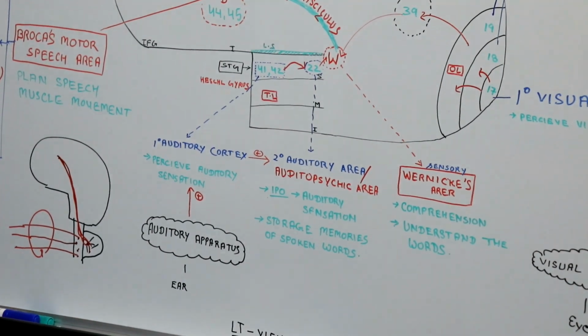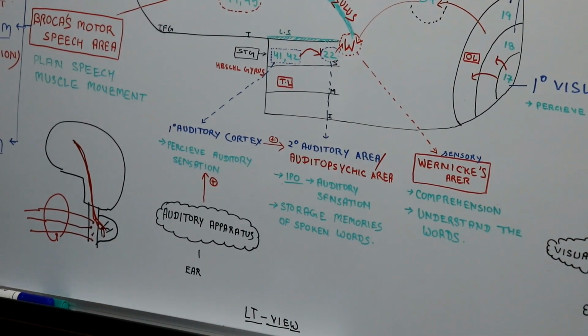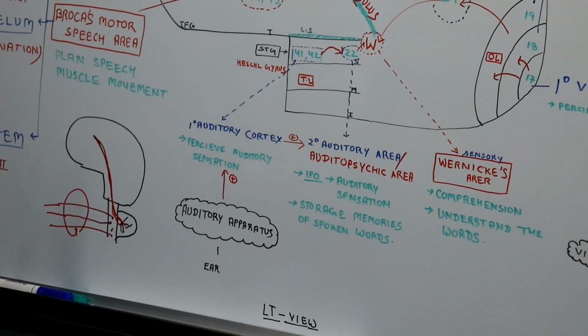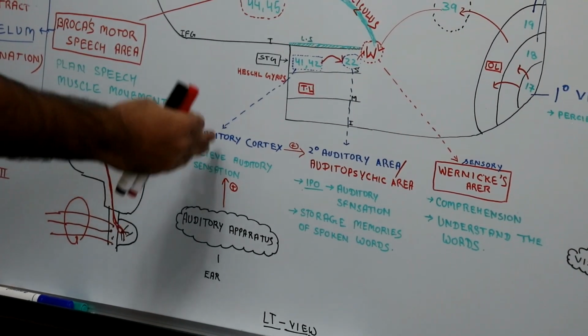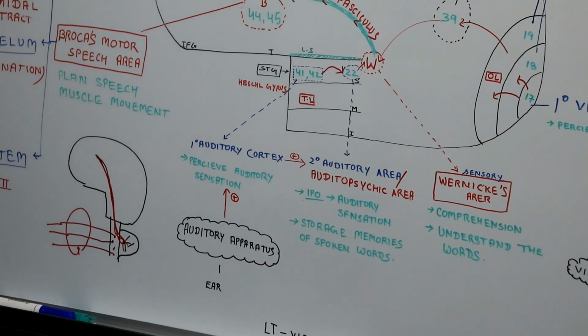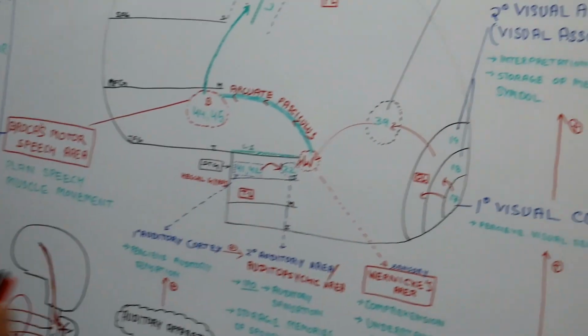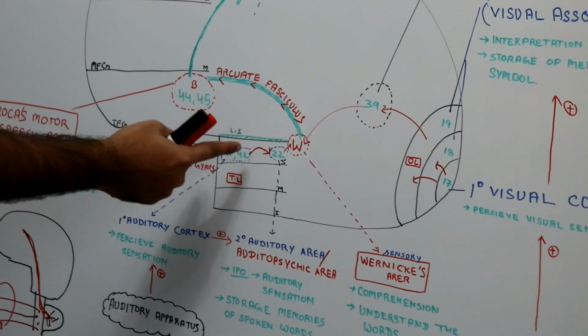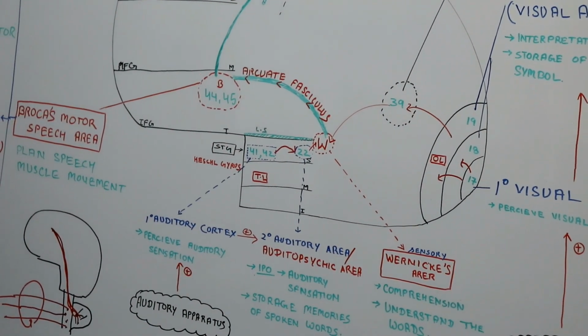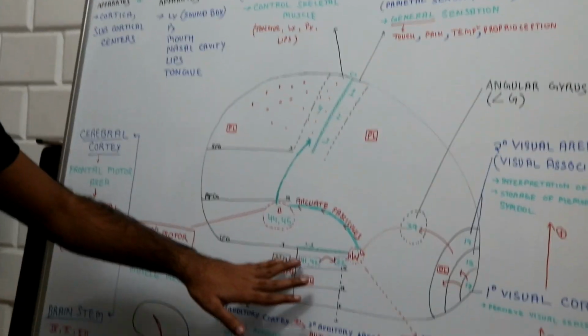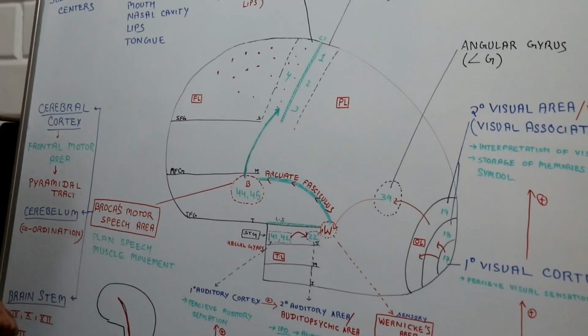This auditory apparatus receives your auditory impulses and perceives them, giving them to the primary auditory cortex. The primary auditory cortex is in areas 41 and 42, present in the superior temporal gyrus. This temporal gyrus has two areas, 41 and 42, and also 22.